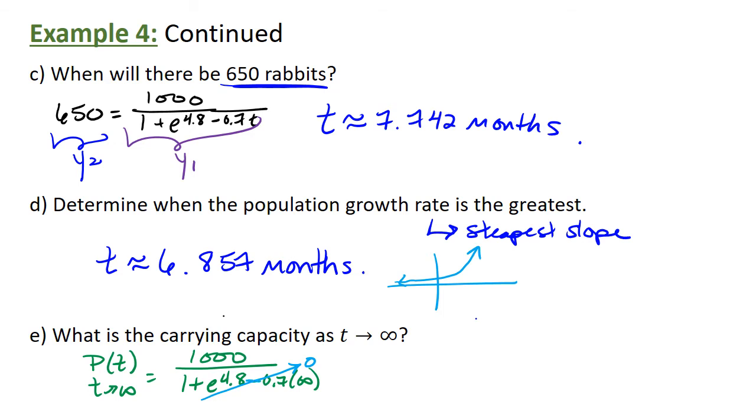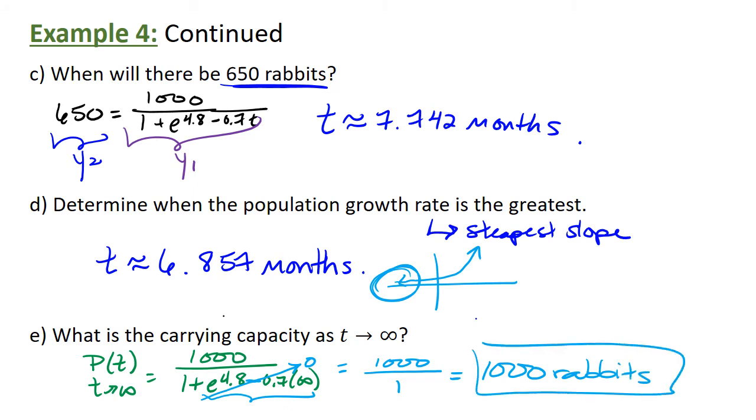So if you end up having a negative infinity, this function is approaching 0. So just this part here is 0, and we end up having 1,000 over 1, which is 1,000. So the carrying capacity as t approaches infinity is 1,000 rabbits. This example concludes section 6.3.